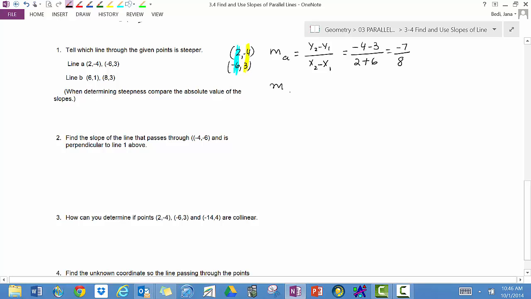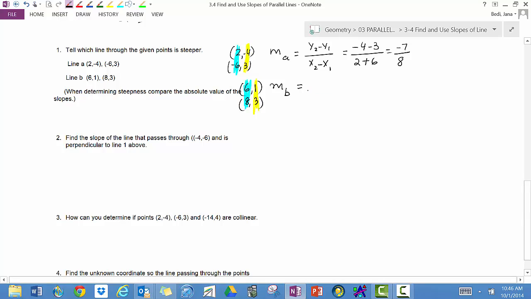And the slope of line B is, let me write it again, 6, 1, 8, 3. This is my y value. This is my x value.